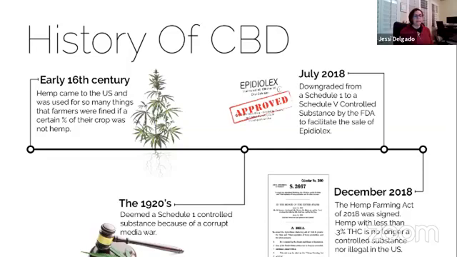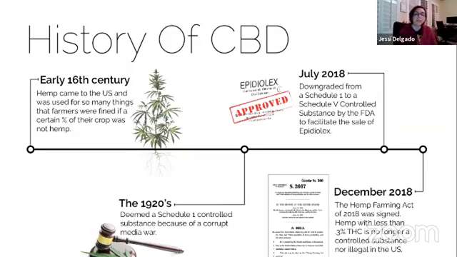The FDA changed the category so that the drug containing CBD called Epidiolex could be sold. Funny how when a drug company wants something to be legal, right? They just get it and the law changes. So that's what happened.